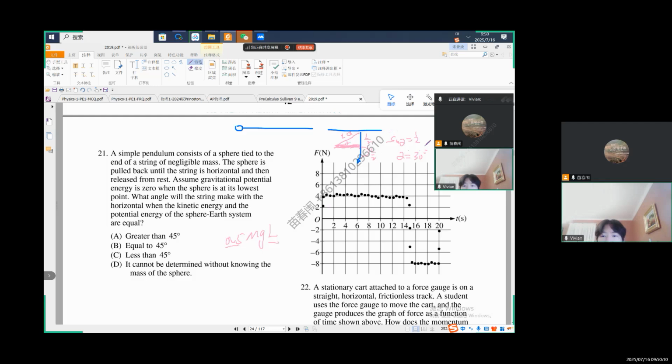Okay, yeah, makes sense. So then it's less than 45 degrees. If it's less than 45, okay, that makes sense.